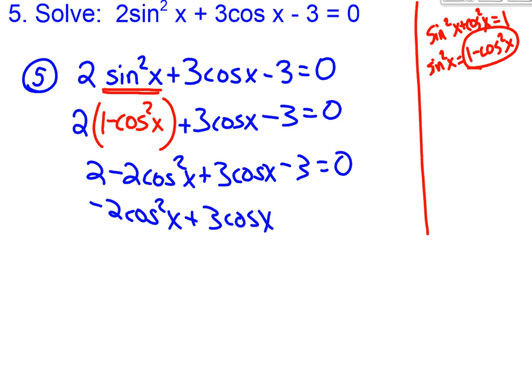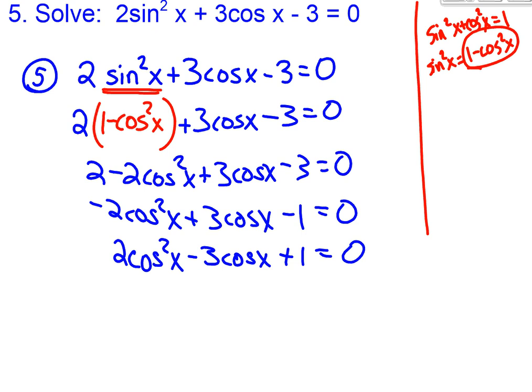And then I have the 2 minus 3, so it'll be minus 1 equals 0. Do you like having a negative in the front? I personally do not. An easy remedy for that is to multiply both sides by negative 1, and then 0 times negative 1 will just be 0. So I can rewrite this as 2 cosine squared x minus 3 cosine x plus 1 equals 0.